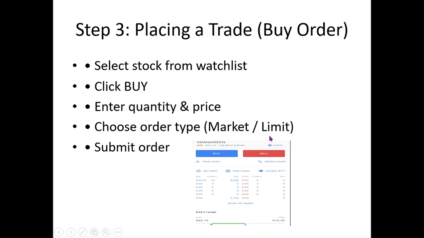So it is better to use a limit option, limiting the amount at which the order has to be executed. If the market price exceeds this limit, the order will not be executed. Mostly this kind of limit is set for one day trading. For a long term investment, this doesn't matter much. Then you can submit the order.